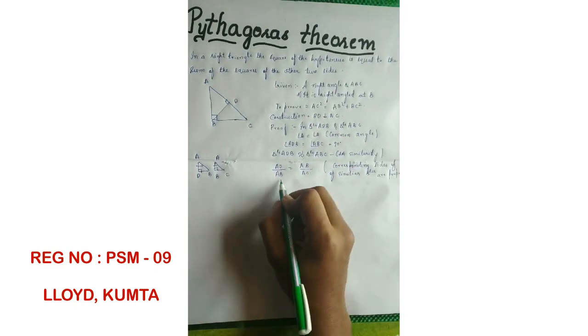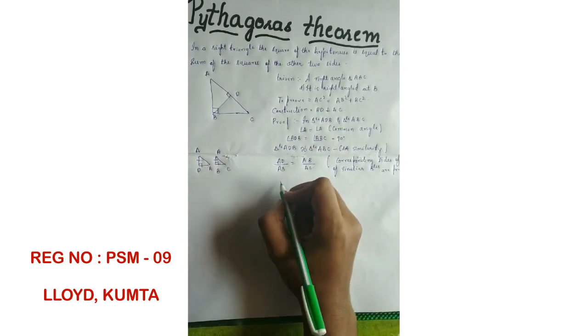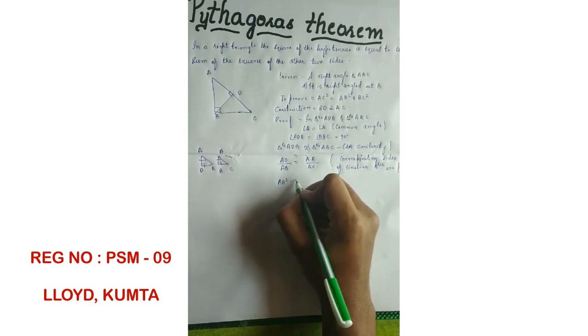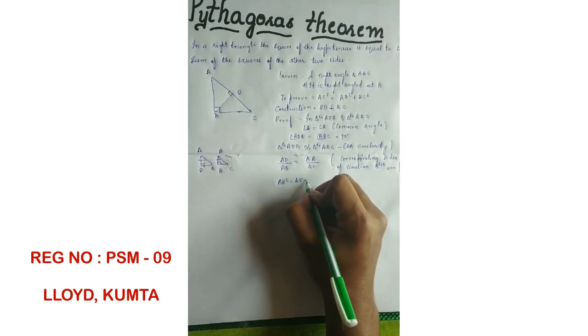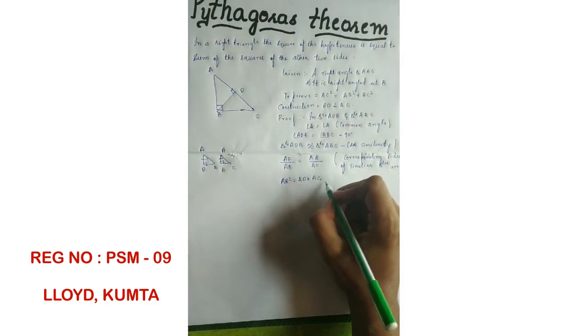We can see here AB and AB, so we'll cross multiply it. When we cross multiply, we get the equation AB square is equal to AD into AC. Let us name this as equation number 1.